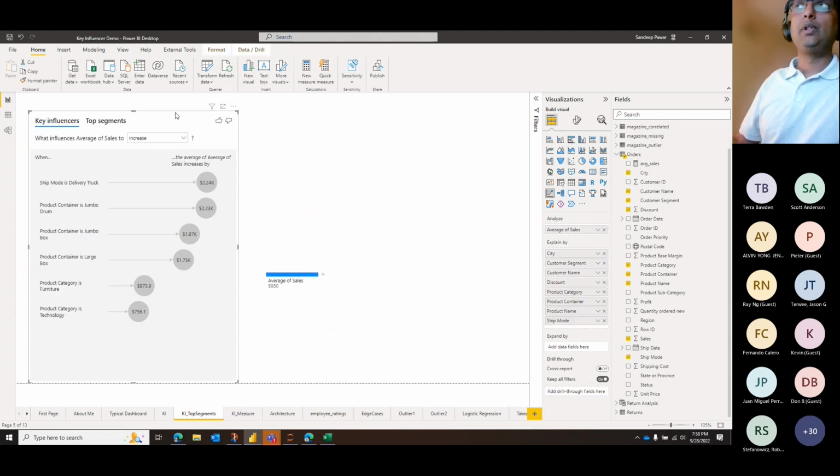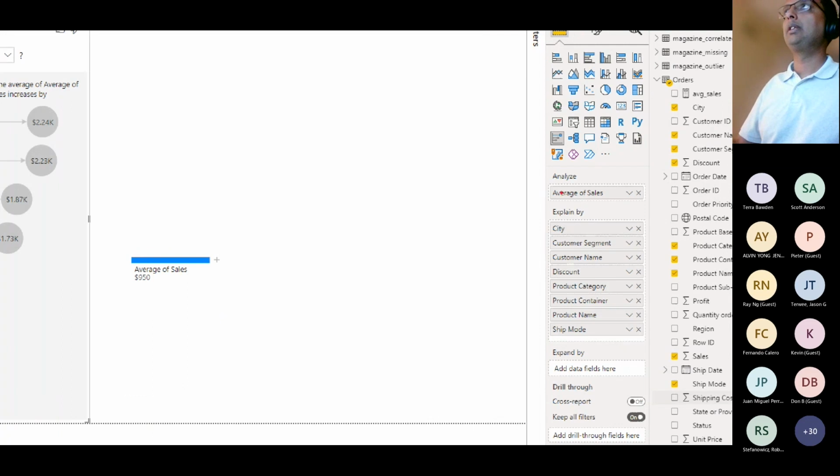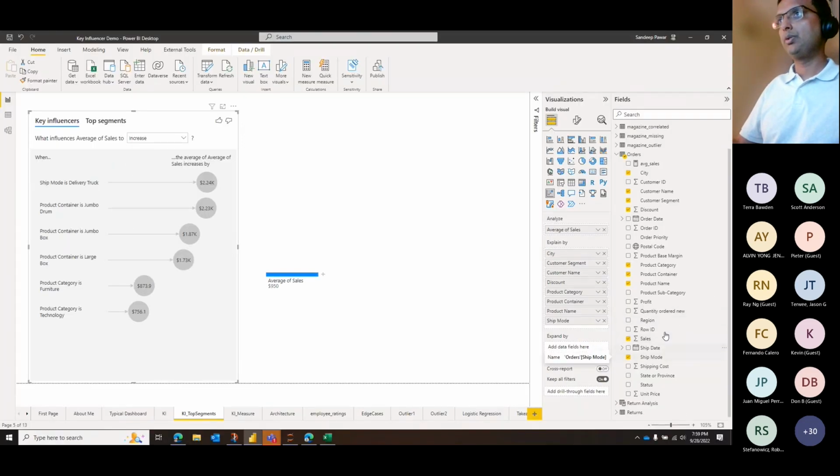In this case, we're looking at the same data, but instead of the categorical text, I'm using average sales. I just pulled sales and I'm using an implicit measure here, average of sales, with the exact same explained by.